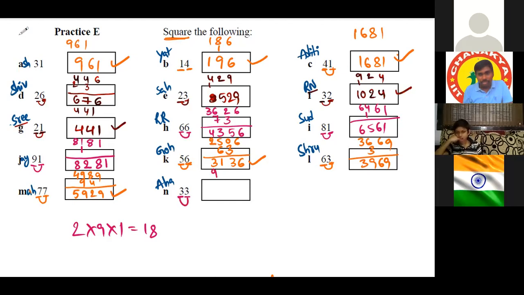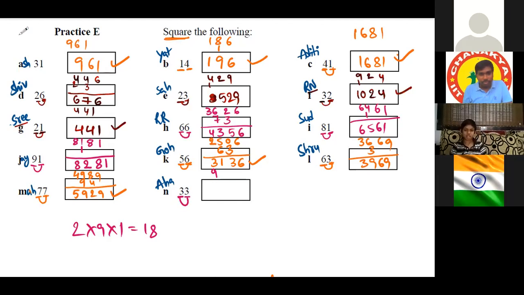Then 33 duplex. We are doing squares. Sir, duplex or duplicate? Duplex, not duplicate. 33 duplex is 66?